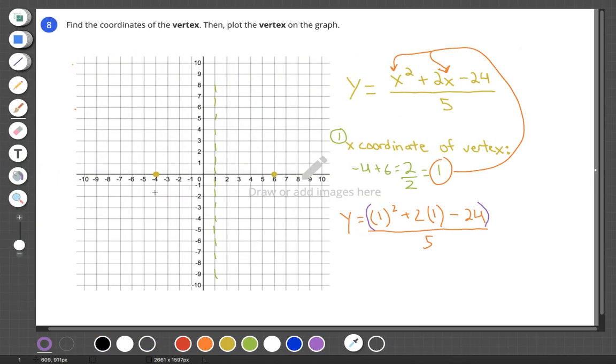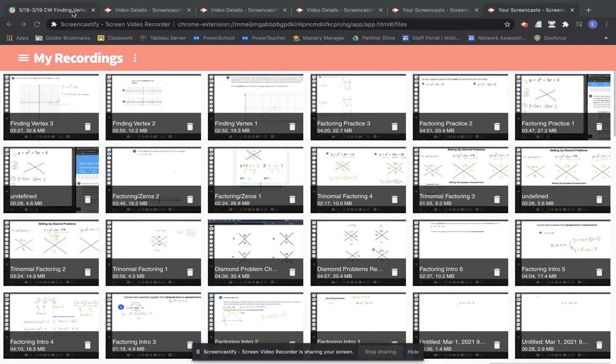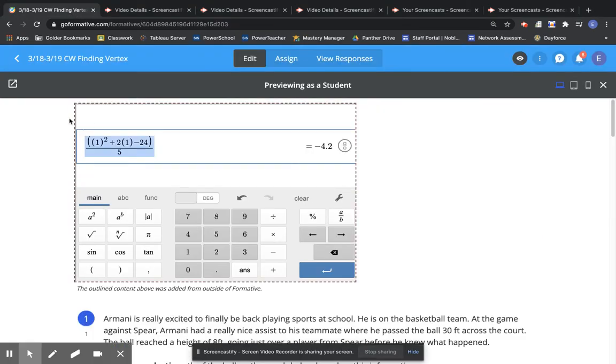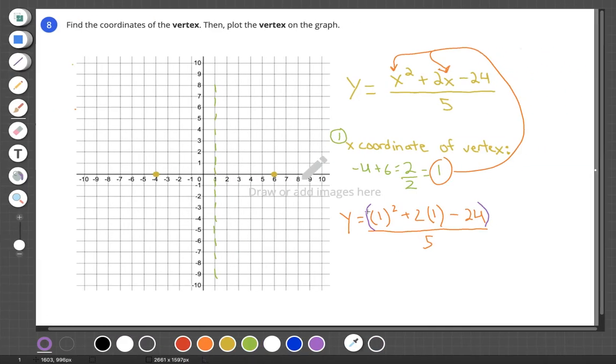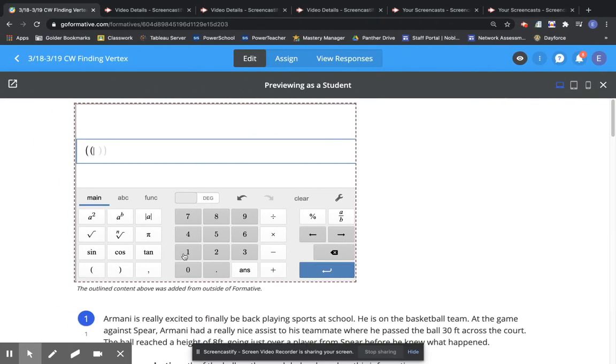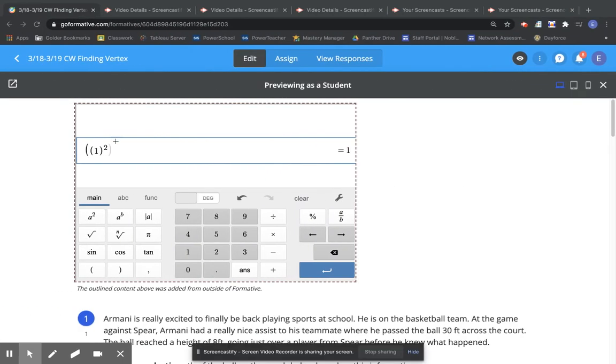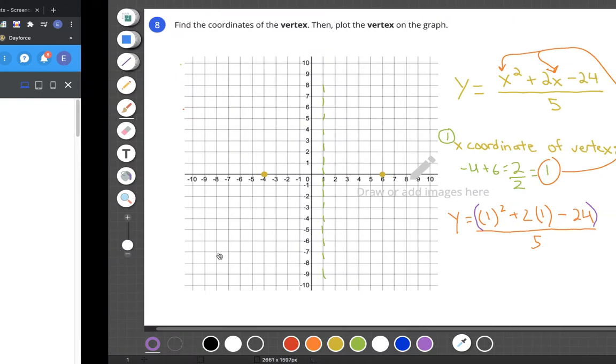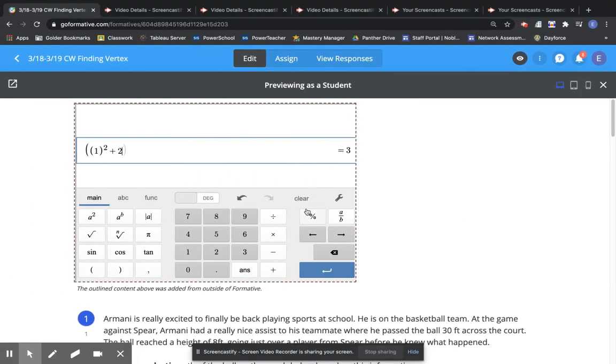Cool, so let's go ahead and see if we can put this into our calculator. I already have it here, but let's do it again together. So we're going to just type this exactly like this. So parentheses, parentheses, 1, close our parentheses, squared. Then plus 2, parentheses, 1.